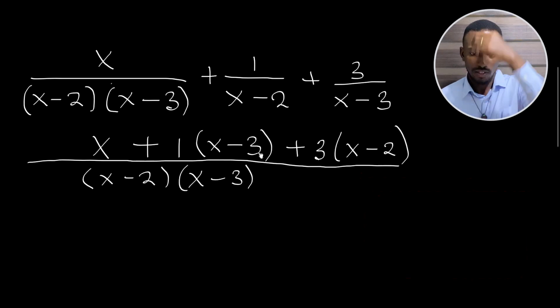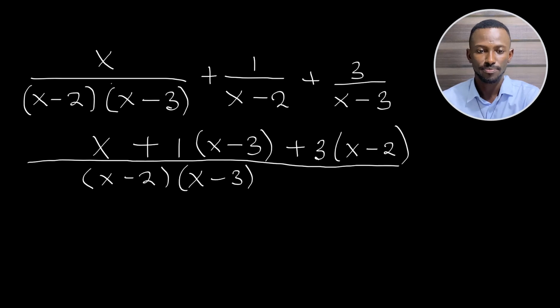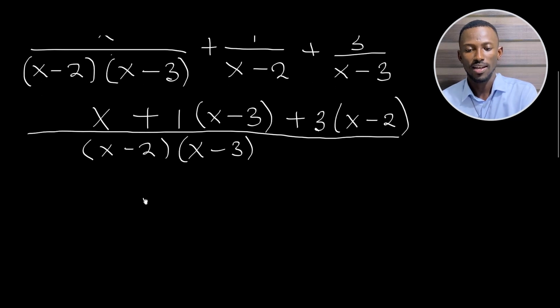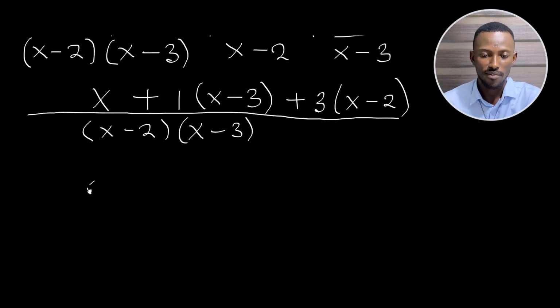Right. So we are now working with the numerators and the LCM. What we need to do now is to expand the numerator and then continue with our solution. So now we have x plus 1 times x is x, 1 times negative 3 is negative 3.